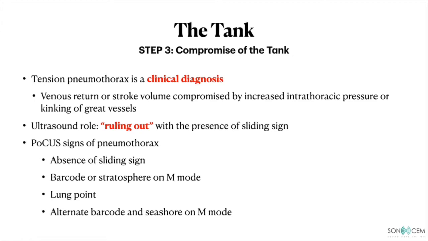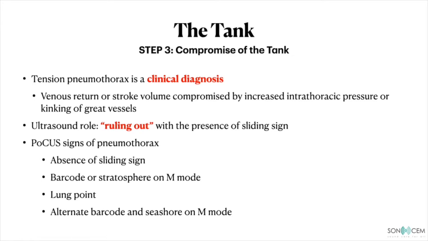Pneumothorax can be picked up by PoCUS in the absence of sliding signs, the presence of the barcode sign on the M mode, the presence of lung point, and also the alternate barcode and seashore signs on the M mode.